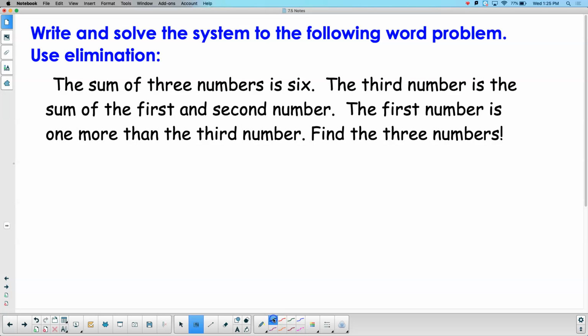First number. So I would recommend that in word problems, we write out what our variables are. So X is the first number. What's the second number?